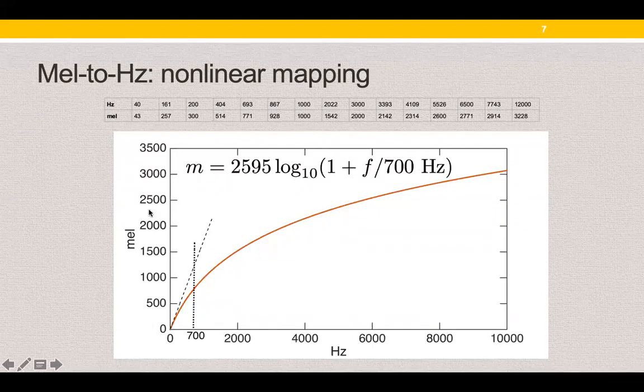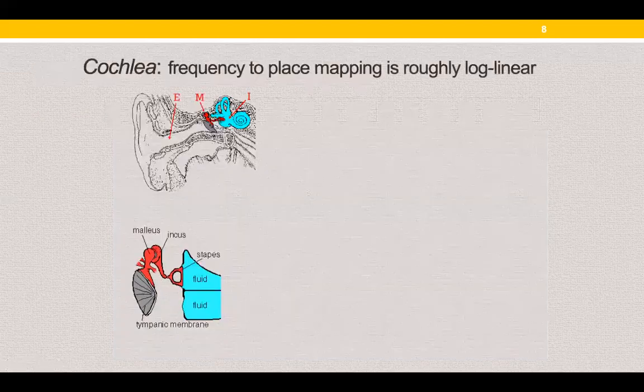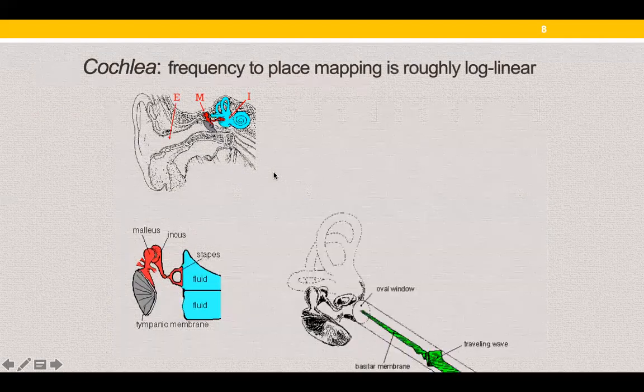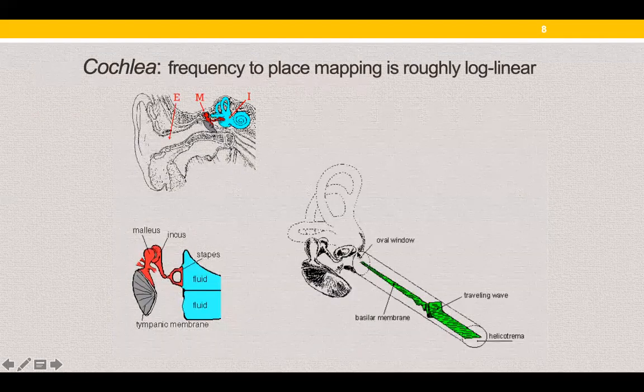But why do we make this nonlinear definition? It has something to do with the way our ear processes sound. Let's say the sound enters your ear through the ear canal, through the middle ear, pushing through the 3 bones to push the fluid inside the cochlea. The cochlea is shaped like a snail.